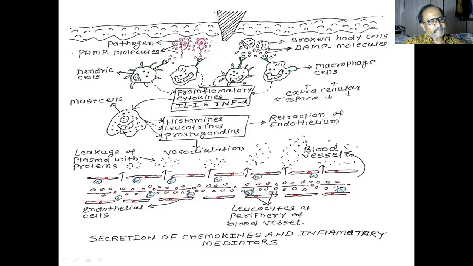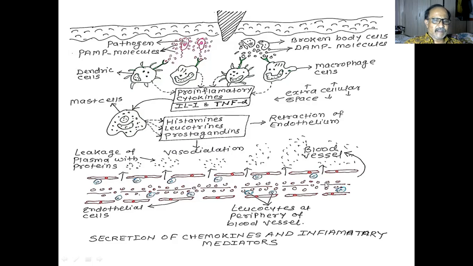These inflammatory mediators, when secreted by mast cells, cause vasodilation. This is the blood vessel. These histamine, leukotrienes, and prostaglandins, inflammatory mediators, cause the vasodilation.